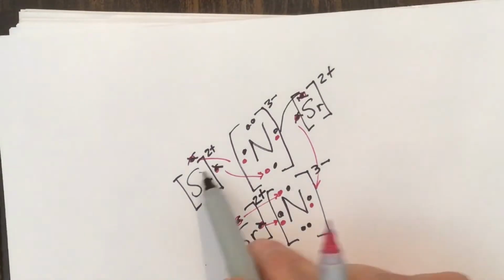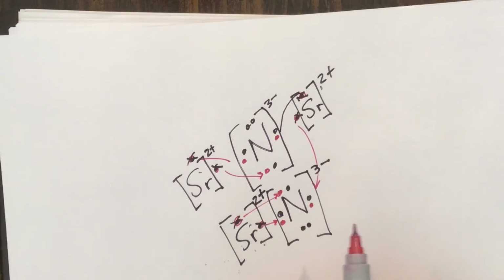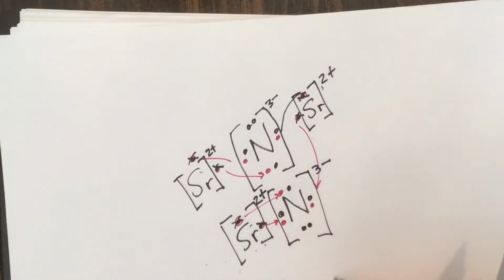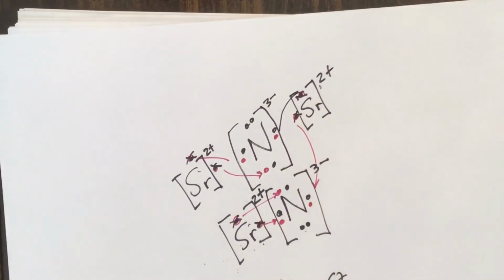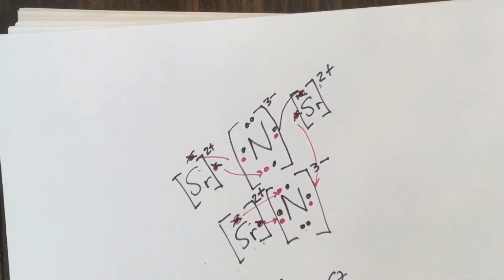Let's look at our math here. +2, +2, +2, that's +6. And then -3, -3, that is -6, and that equals 0, and that is our compound there. It takes 3 strontium ions to counteract 2 nitrogen ions. 3 +2s, 2 -3s. That's how that works.